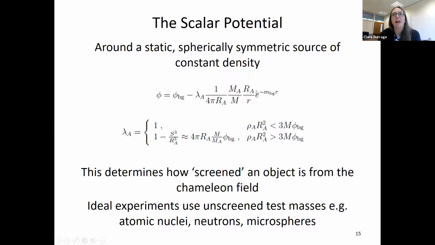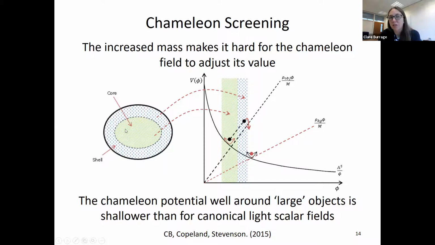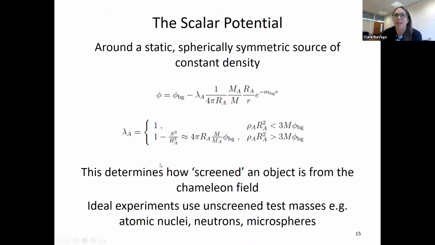And that's why, if you're just using small isolated objects, where maybe this core region is not very large, then you can have significant forces. But for large, dense objects, actually the fifth force is suppressed. So that's one way in which we can get a scalar field which hides from our experiments without needing to tune the coupling constant to be small.